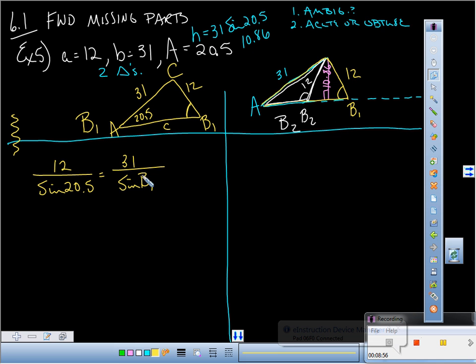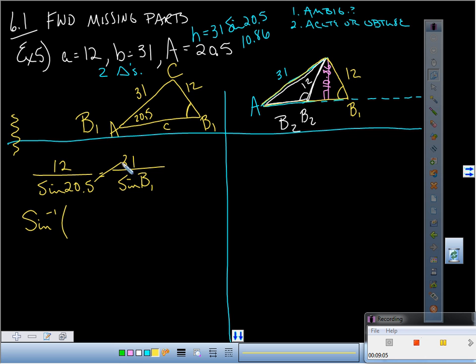Okay, so we're looking for this angle right here, so you're going to go inverse sine of, just like we did this, the two that you do know go on top: 31 times the sine of 20.5, over the one that you don't know's partner, the lower guy, 12. Now that's going to be angle B sub 1.